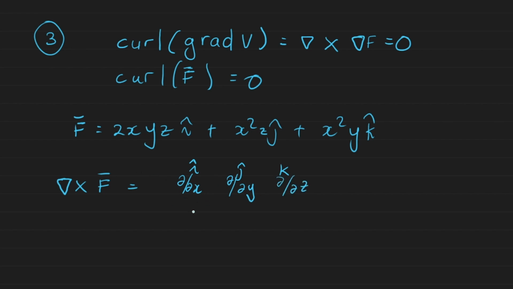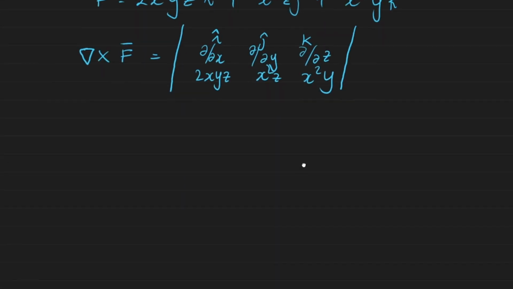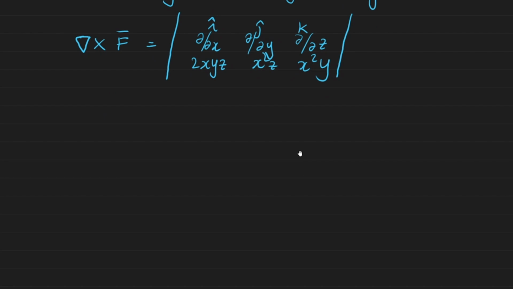And in the third row, we write 2xyz, x squared z, and x squared y, the components of our vector. And we take the determinant. So when we do that, we block out the first row and first column. So we write i.